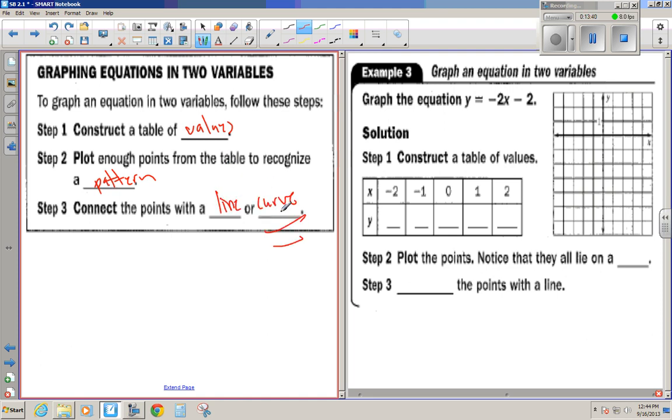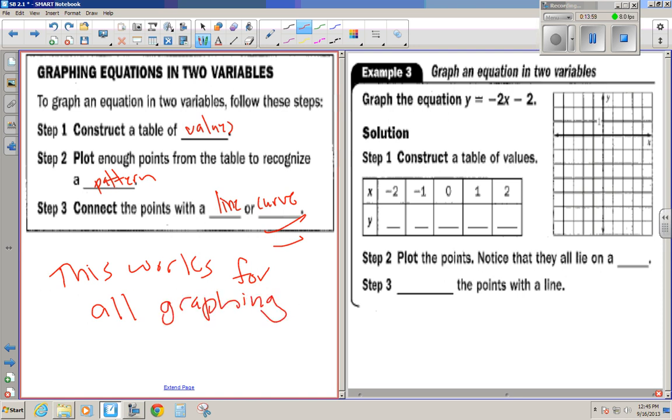And the curve part is very important because this works for all graphs. You could graph any type of equation you wanted as long as you constructed a table of values, plotted enough points from the table to recognize a pattern, and then connected the points with a line or a curve.